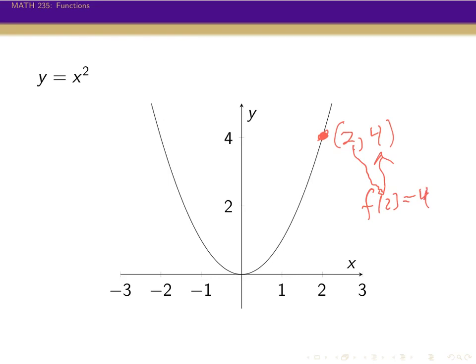Okay. If we were to plug minus 1 in, well, the graph goes through minus 1, 1, and so that's telling us that if we plug minus 1 into the function, it's going to spit out 1.